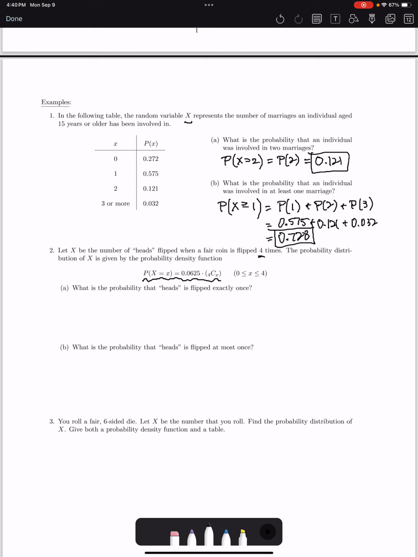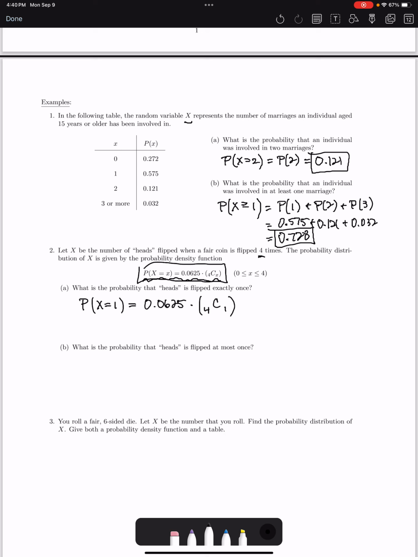So part A asks, what is the probability that heads is flipped exactly once? So we want the probability that x equals 1. And we're going to use the formula that we were given here to compute that probability, right? We'll say it's 0.0625 times 4 choose x, but x is 1 in this case, right?